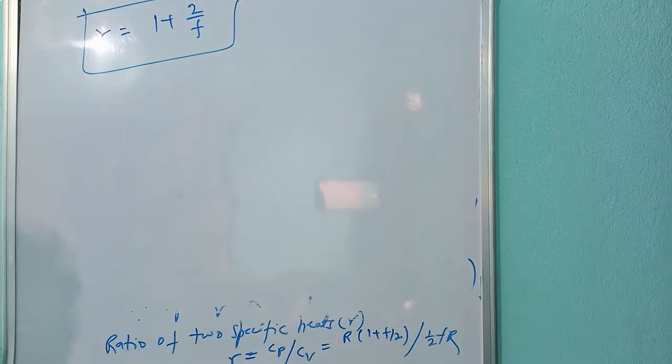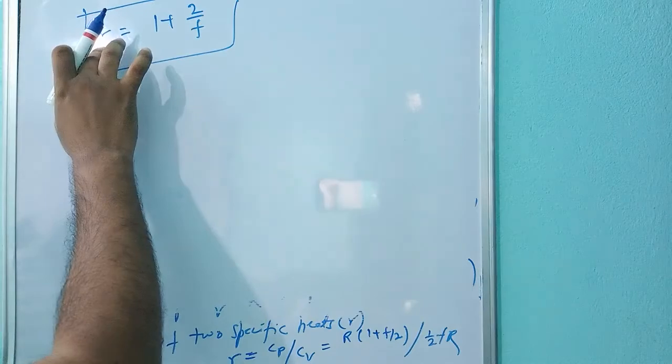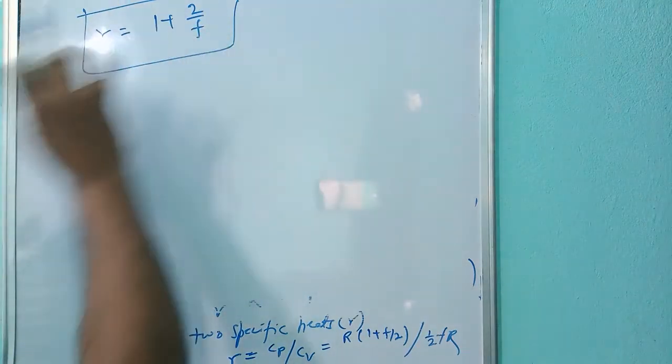This is the relation between the molar specific heat ratio gamma and the degree of freedom f.